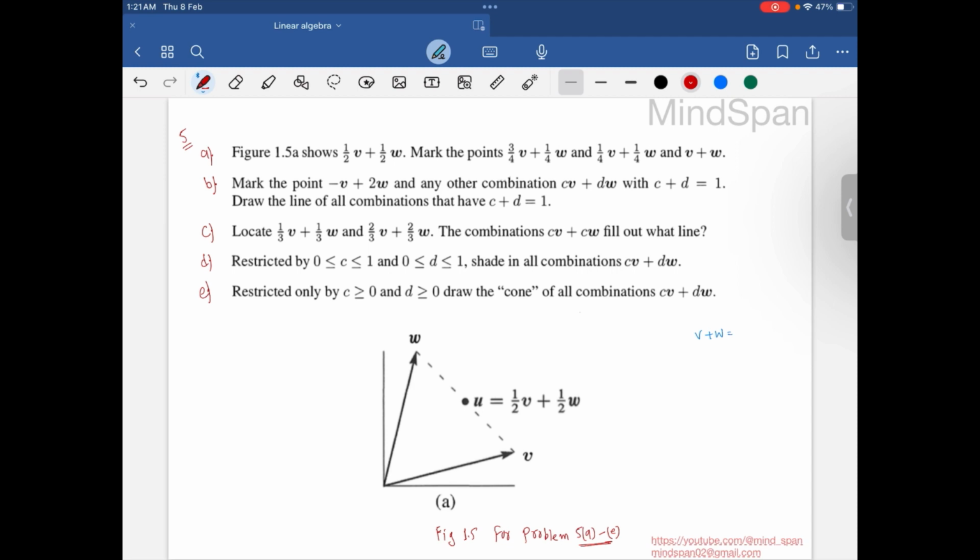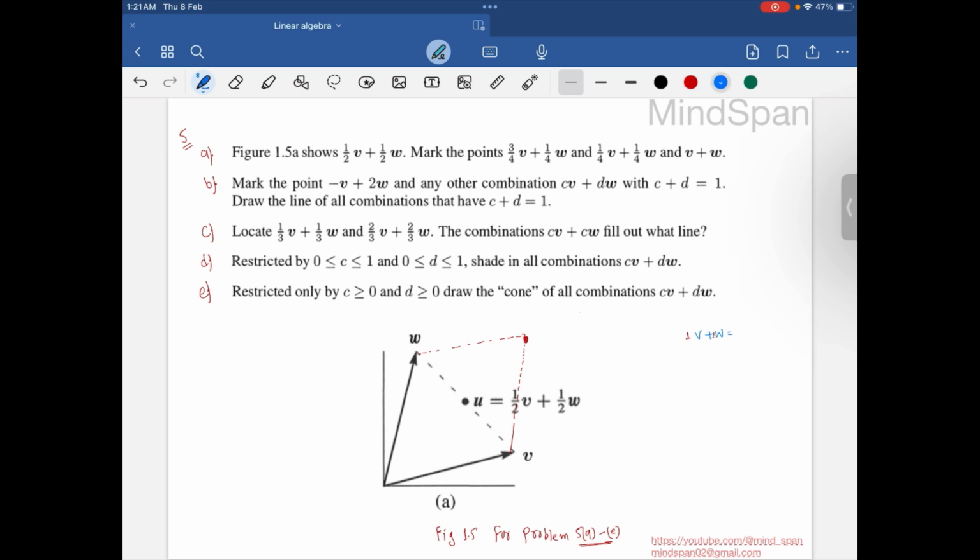How can you do that? You can simply shift this W to the tip of this V, and this V to the tip of W, right? So with this particular combination, with C equals 1 and D equals 1, you are going to get this point, right?